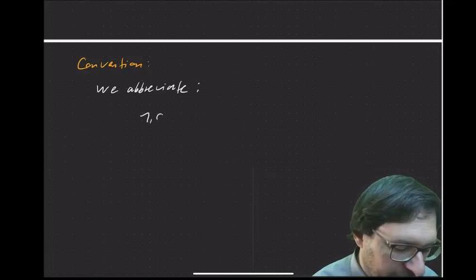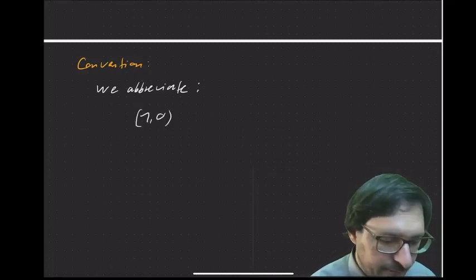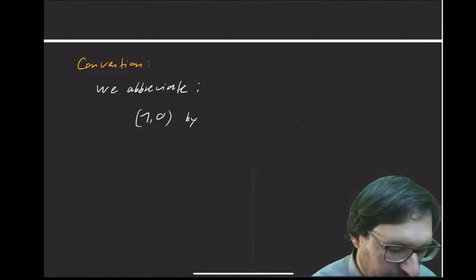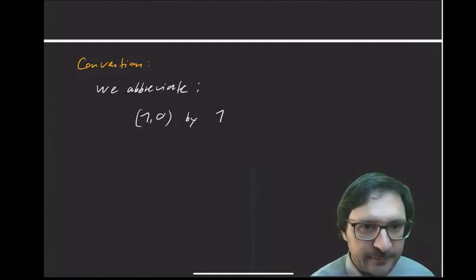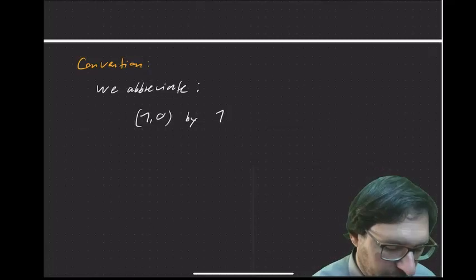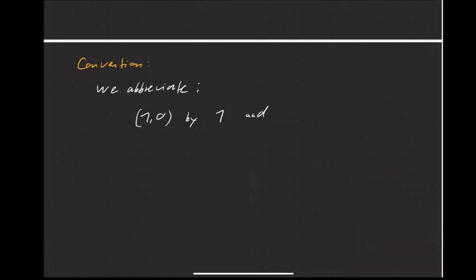Instead of the pair 1, 0, we just write 1. And instead of the pair 0, 1, we just write i. And i is the so-called imaginary unit.